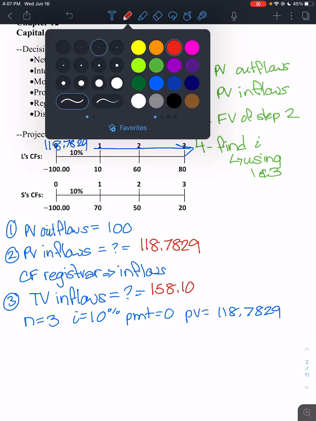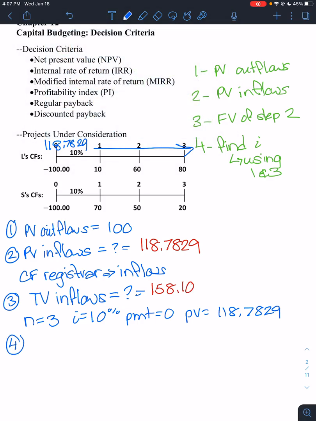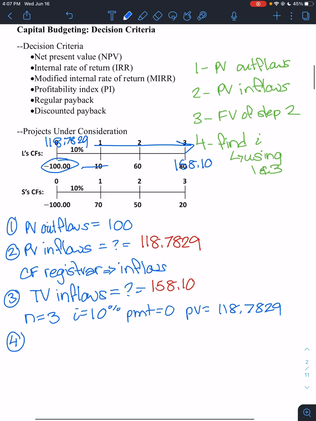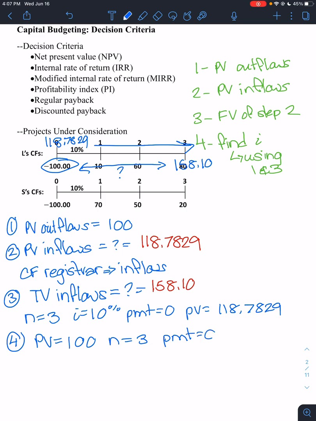And now in step 4, now that I have 158.10 over here, and I have the $100 over here, I want to know what rate makes those two equal. So I start off with 100. I got 3 years, still got a 0 payment, and I have a future value that I want to grow to of 158.10.